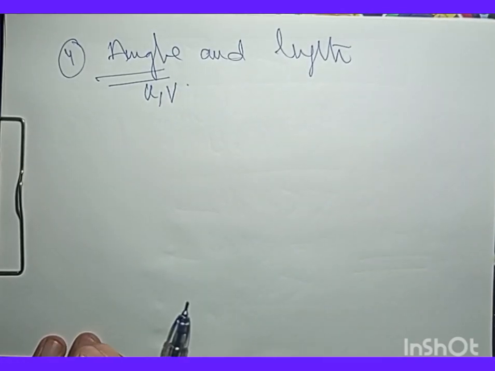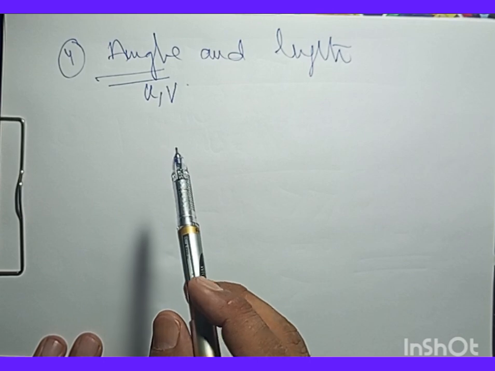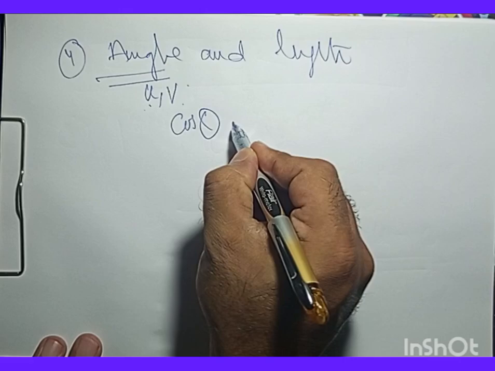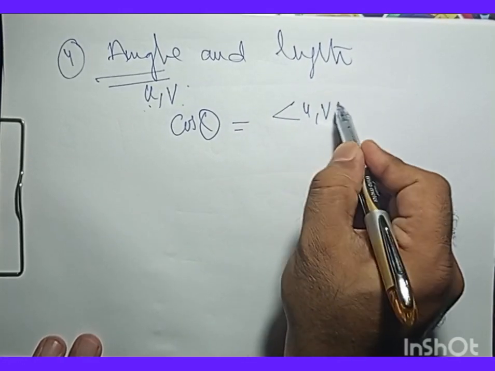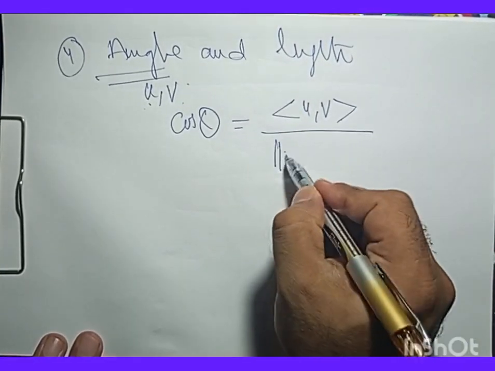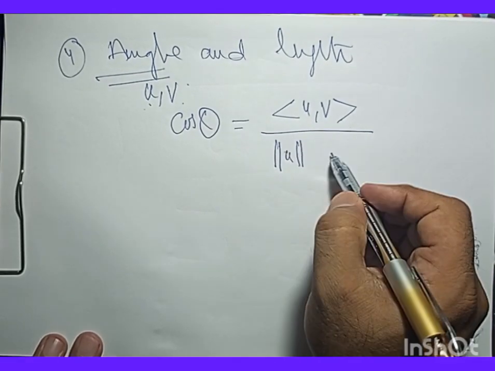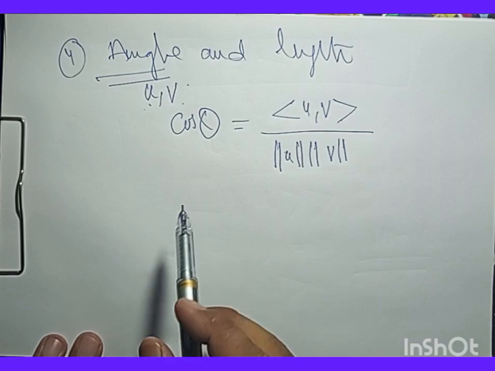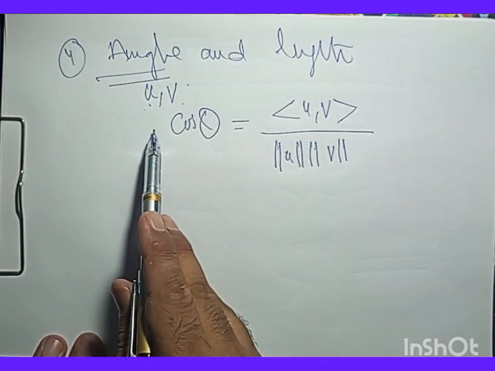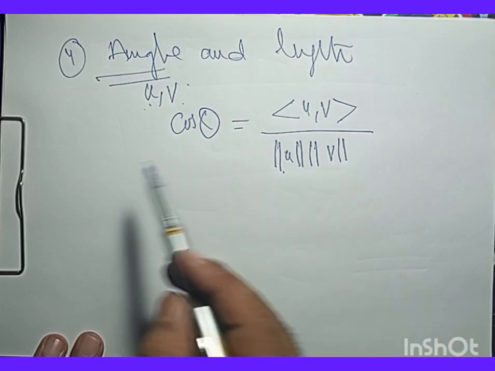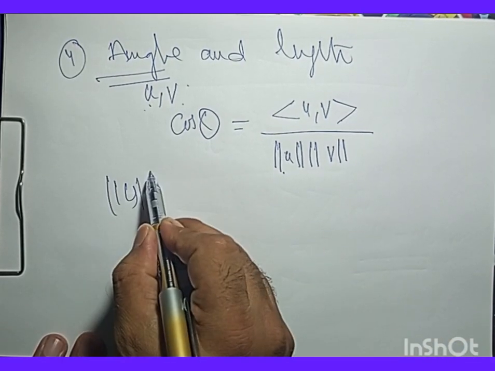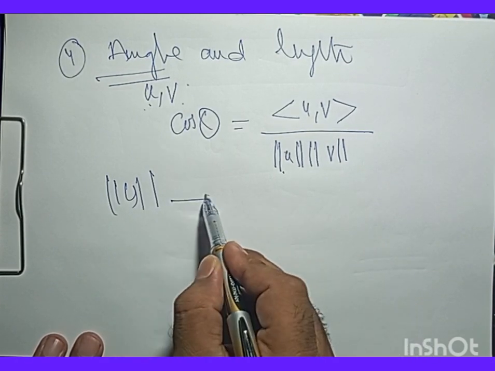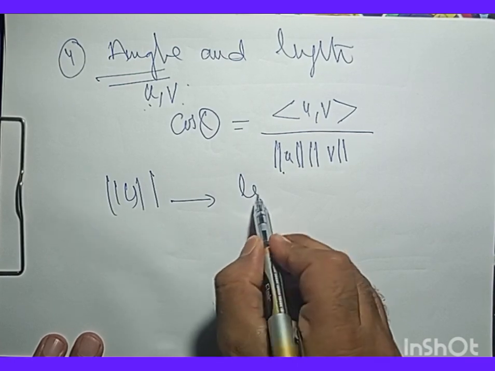Specifically, the cosine of the angle theta between these two vectors is given by the inner product of u and v divided by the norm of u times the norm of v. So this is our cosine of theta between the two vectors in the Hilbert space. Here the double lines denote the norm of u and norm of v, which represent the length.